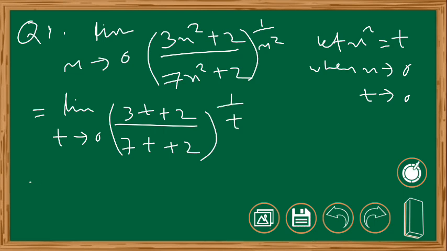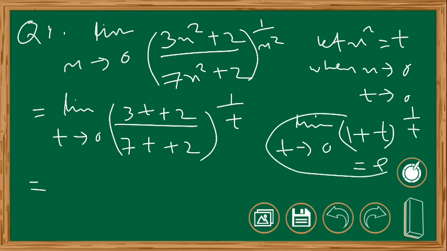Now I need 1 in the beginning, because in my formula limit t tends to 0, (1 + t) raised to the power 1 by t must be equal to e. So to use this formula, I will bring 1 in the first term. So it will be limit t tends to 0.